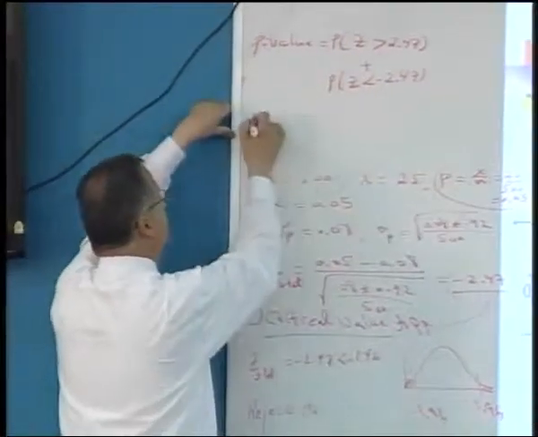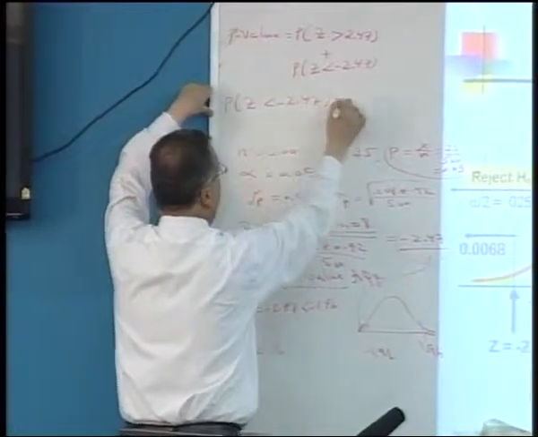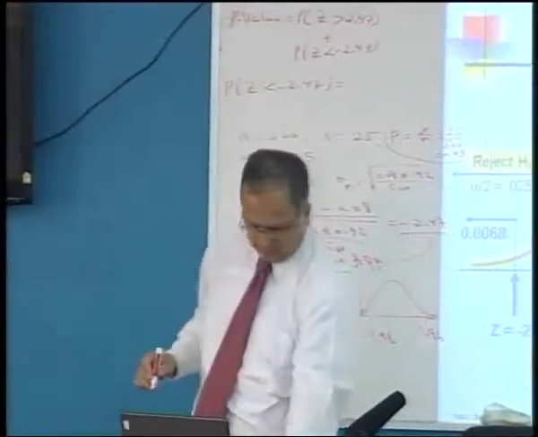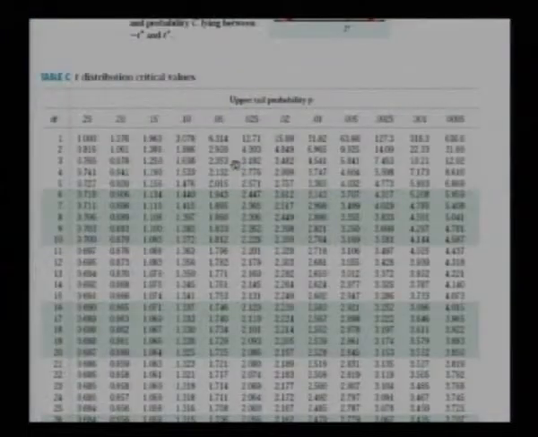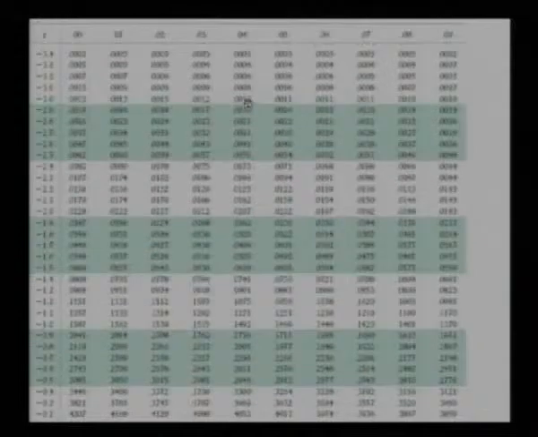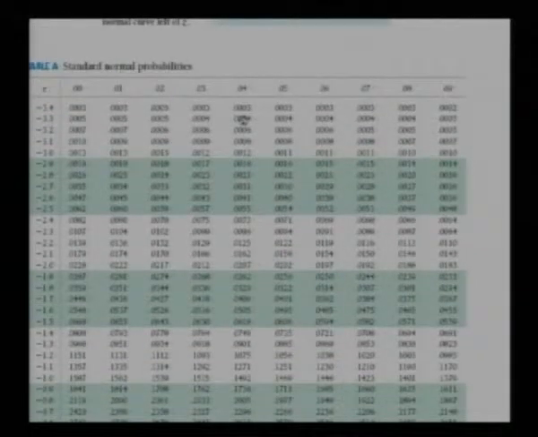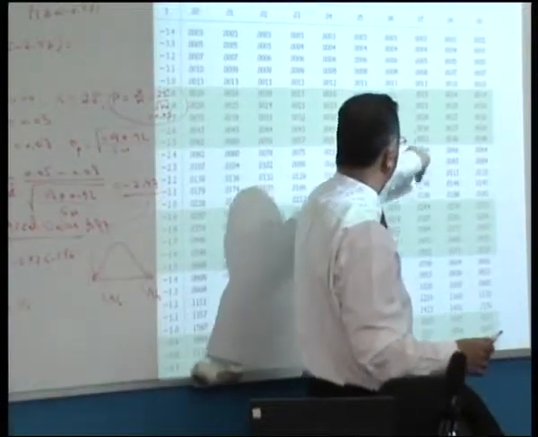So now by using the table, P of Z less than negative 2.47, let's look at the table for the normal negative side. Look at negative 2.47. Negative 2.4 all the way under 7, we will get this result.